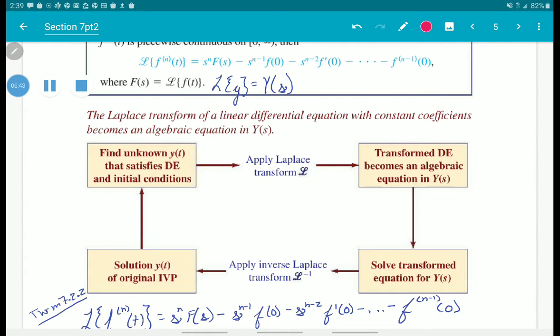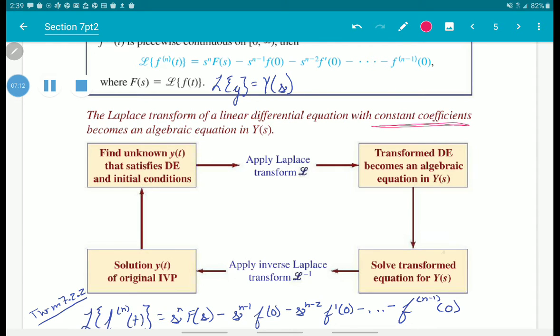We have a Laplace transform of a linear differential equation. We have to have constant coefficients for this method to work. So we're going to start with some kind of differential equation that's written in terms of t. We're going to apply the Laplace transform. So now we have something that lives in the Laplace world, and we have everything in terms of s's instead of the t's that we started with over here in the rectangular world.